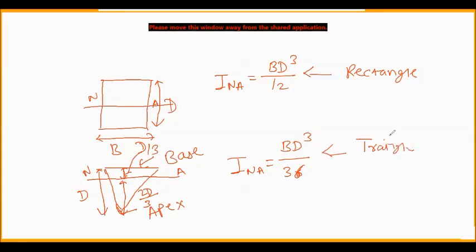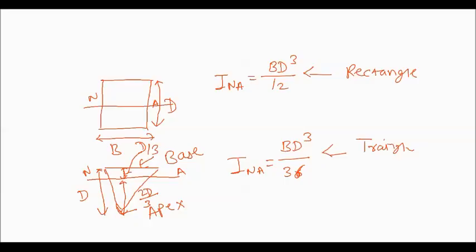So if the bulkhead is a rectangle type, INA will be BD cube by 12. If the bulkhead is triangular, then INA will be BD cube by 36. Like this, these formulas are there, we can utilize for solving the numericals.